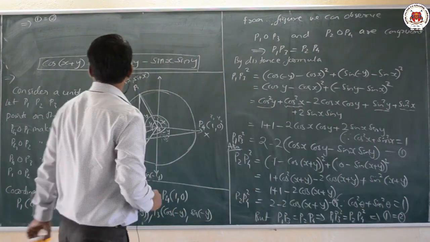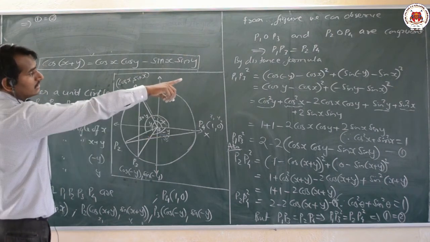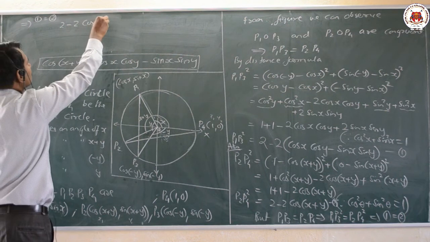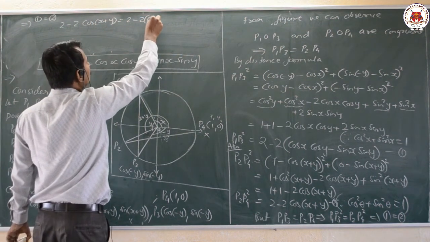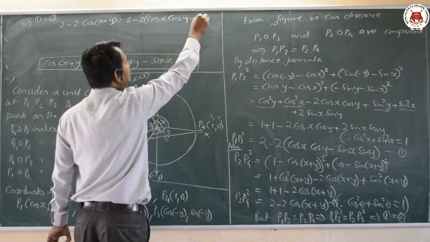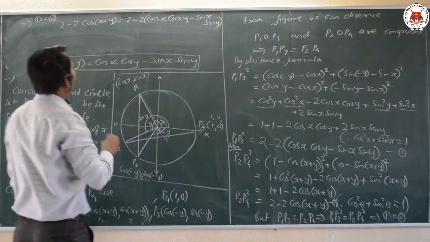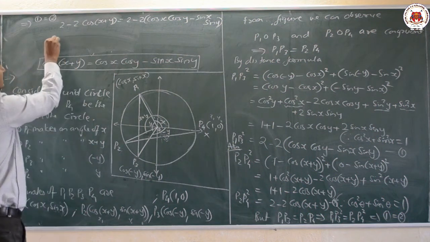So now what we get is equation 2. What is equation 2 here? That is 2 minus 2 cos of x plus y equal to 2 minus 2 into cos x cos y minus sin x sin y. Now here we can observe that 2 gets eliminated, minus 2 also gets eliminated.